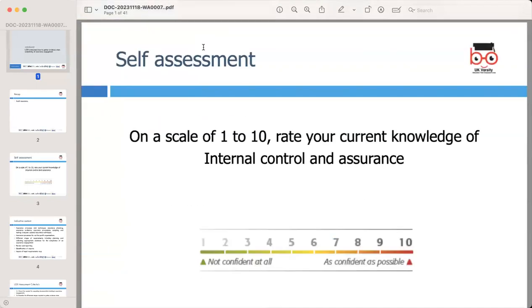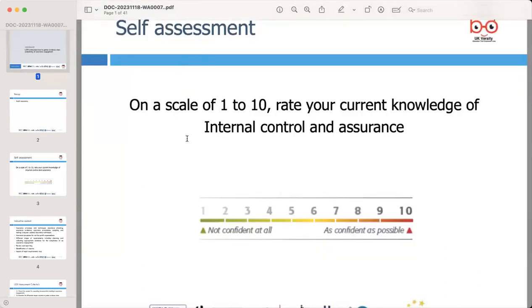So here is a self-assessment. You can check your knowledge from 1 to 10. 1 means not confident at all about the topic, and 10 is as confident as possible.